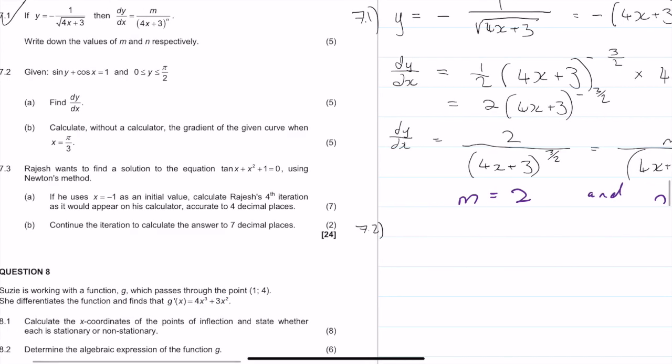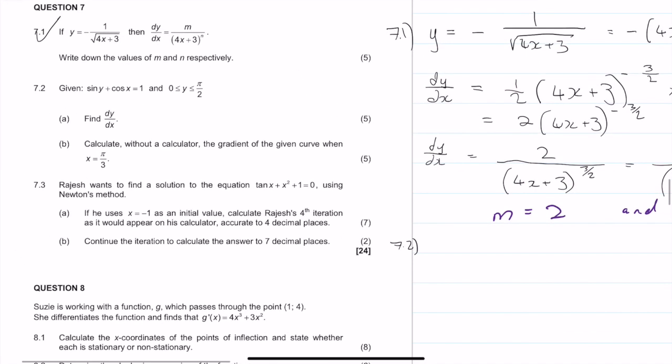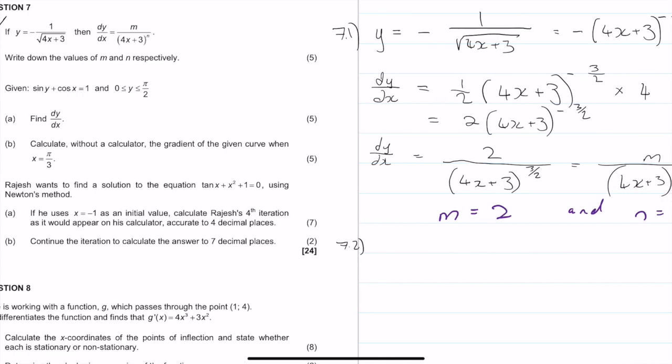If we want to differentiate this, the derivative of sine y is cos y. We're differentiating in terms of x, so that's the important thing: wherever we differentiate y, we have to add a dy/dx. So the derivative of sine y is cos y times dy/dx, plus cos x, whose derivative is minus sine x, is equal to, and the derivative of a constant, which is 1, is 0.